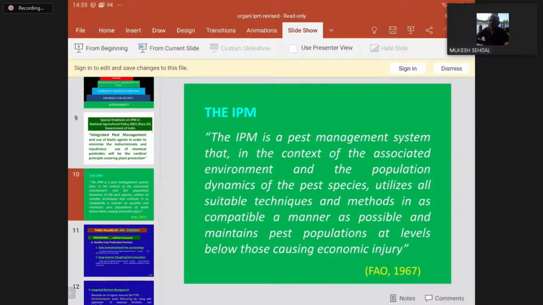So ICM is our basic concept, and our IPM is now based on ESA. ESA means we are making the farmer a scientist. Until the farmer is able to identify the pest or the natural enemy, he cannot take a good decision. Therefore, it is very important that good agriculture practices plus ESA-based IPM will be a success.